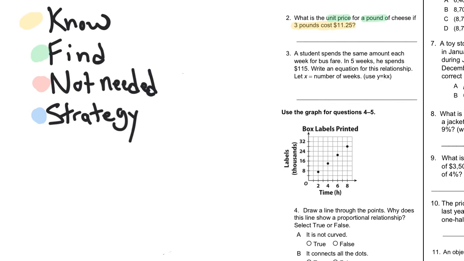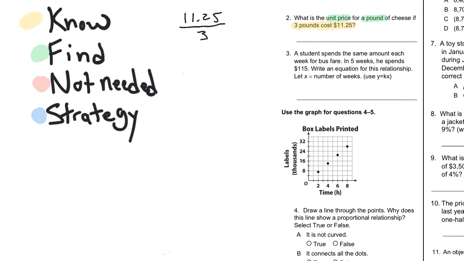Right. So I'm looking for, let's see, I'm saying that $11.25 of this cheese costs me, if there were 3 pounds of it, okay? So I'm looking for something divided by something else. And we're looking for unit price. So that's price per pound is what they're looking for.